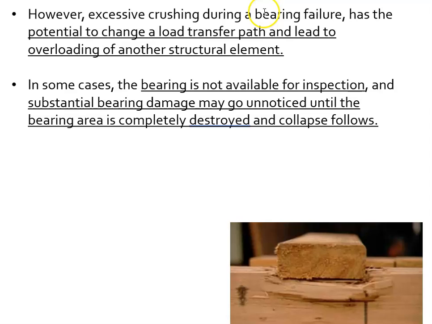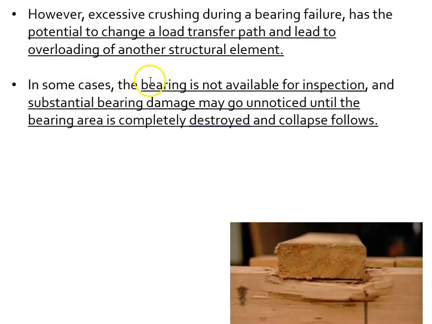However, excessive crushing during bearing failure has the potential to change the load transfer path and lead to overloading another structural member. And that's also a big concern I think we've discussed in seismic events. When an earthquake occurs and buildings shift, load paths sometimes transfer, and non-load bearing members, building members that were originally not part of the structural path, are now taking on structural weight, and that could be very dangerous.